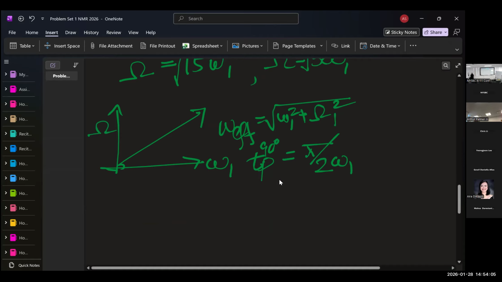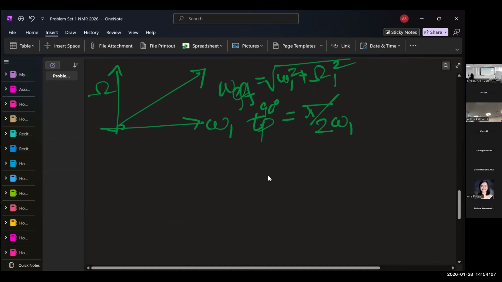How do I set that up as an equation, relating the pulse length and the effective field to the fact that a full rotation has happened?